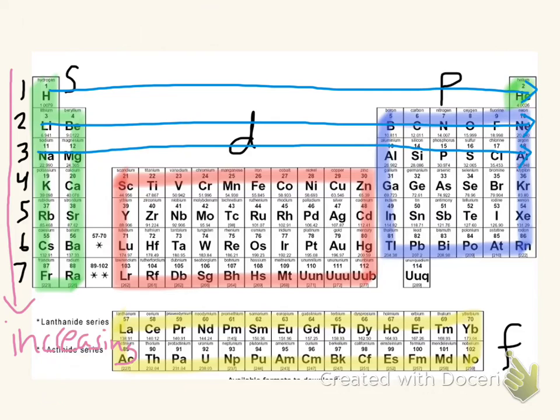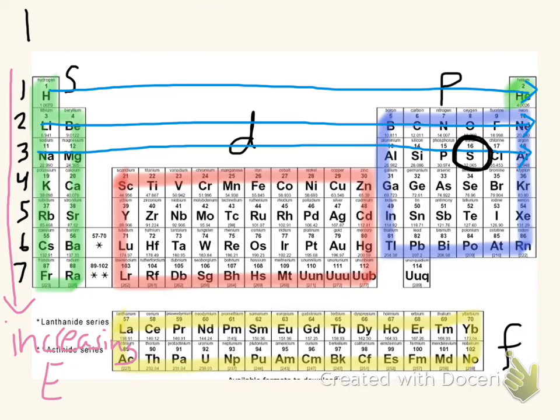Okay, let's do something in the P block in the third row. Let's do sulfur, number 16. I'm already thinking in my head, okay, sulfur is in the third row, it's in the P block, so this electron configuration is going to end in 3p. But it's going to start at the very top of the page. We can't skip anything.